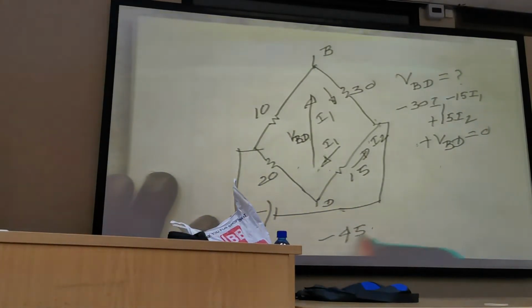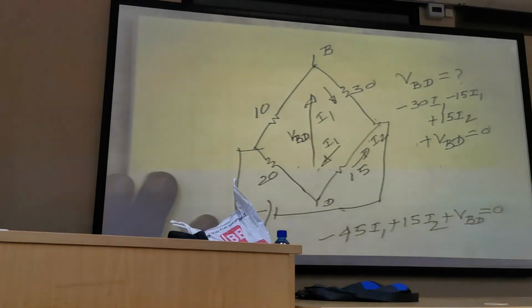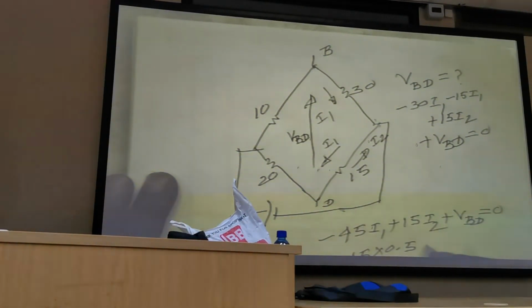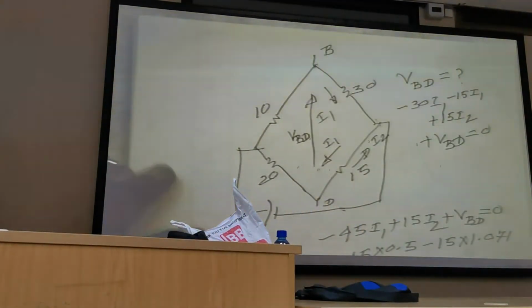So, we are getting minus 45 I1 plus 15 I2 plus VBD equal to 0. What is the value of VBD? Quickly. VBD equal to 45 times I1, which was 0.5, right? Minus 15 times 1.071. What is that? 6.45.